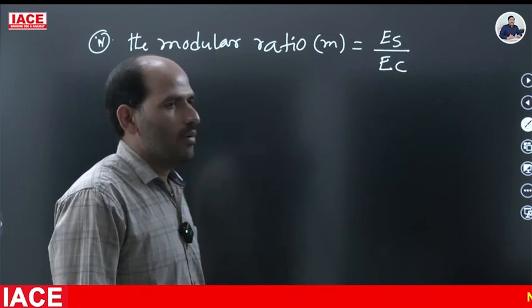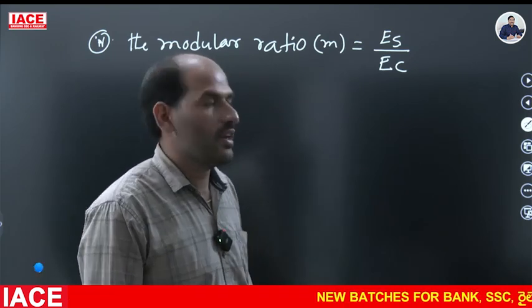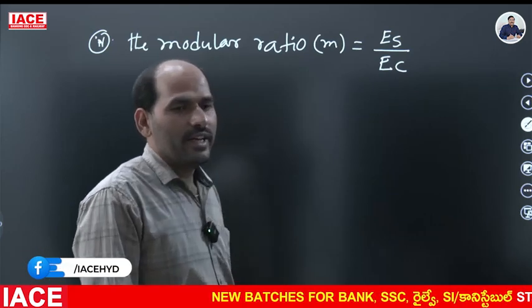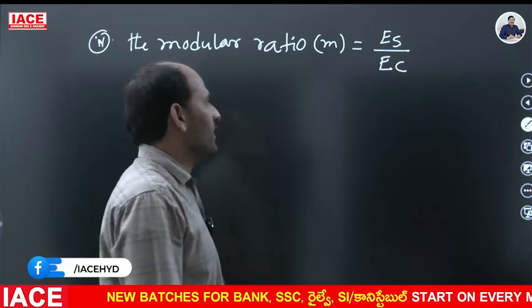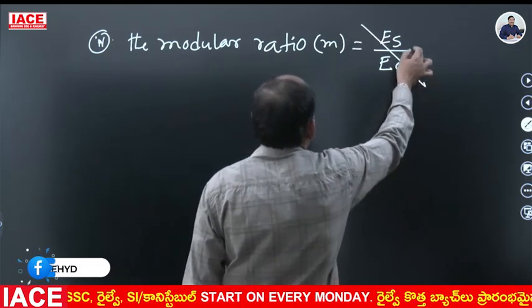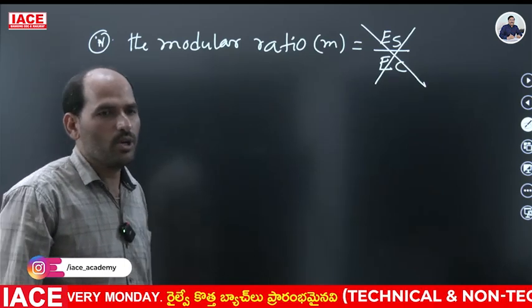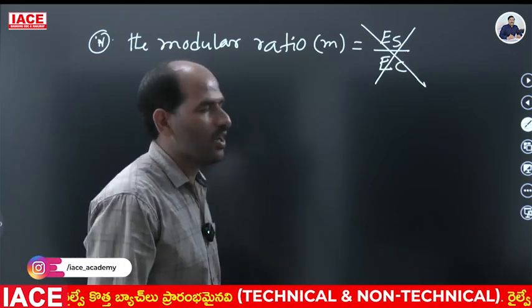Otherwise, largest modular ratio value upon smallest modular ratio value. But in the working stress method, it is not possible to determine the modular ratio from the modulus of elasticity of steel and of concrete.